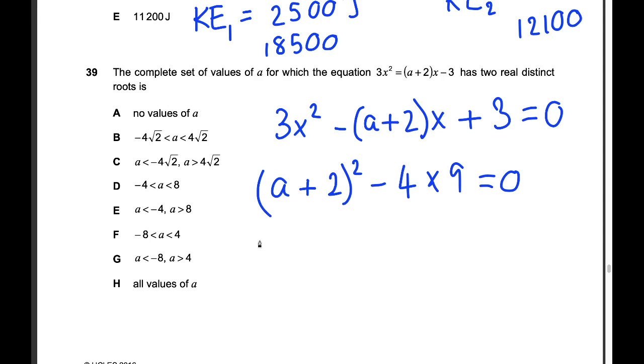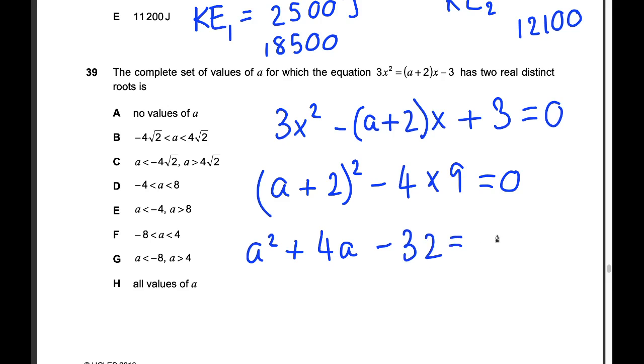Okay, so I can square out this bracket. It's basically going to become another quadratic in A. So if I do that, I'm going to get a squared plus 4a plus 4 minus 36, so that's going to be minus 32 overall.